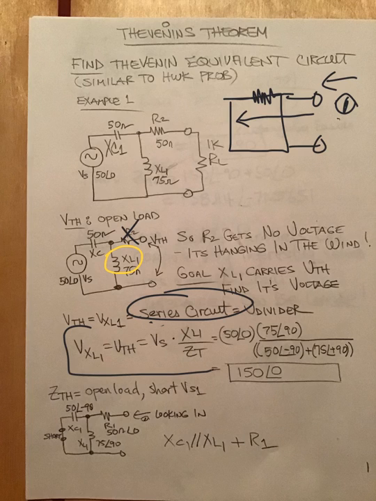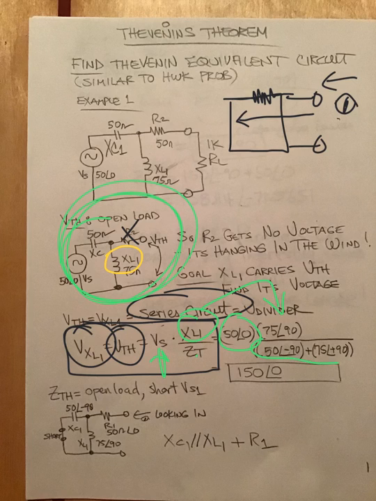And you set it up with, here I am labeling everything, that the voltage across the inductor is the Thevenin voltage, and it's the battery, which is 50, and it's the inductor, which is 75 at 90, positive because it's an inductor. And then your ZT, this is a series circuit right here that we're looking at, right? This is a series circuit.